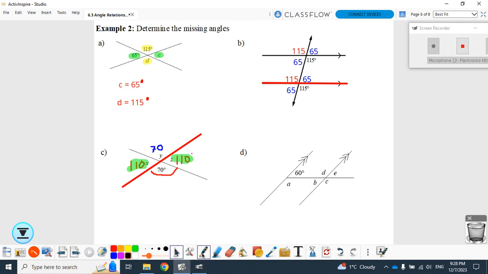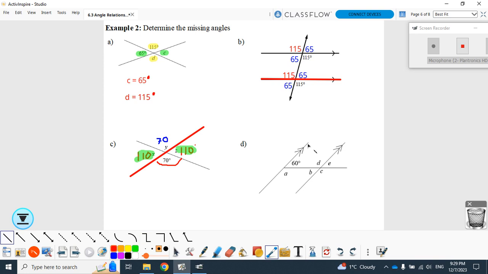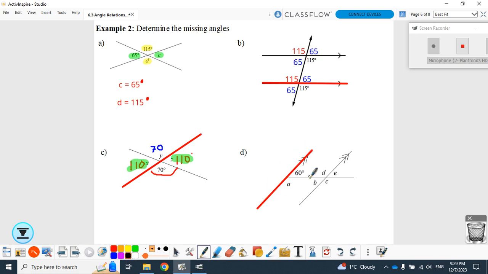Okay, the last one down here. All right, lots of stuff going on. Opposite angles might not help us a whole lot because all we've got is 60 degrees and then a whole bunch of letters. The first thing I see is a straight line like this, and maybe we can pick on that straight line idea one last time, where if this is 60, then this has got to be the remainder for it to add up to 180, right?